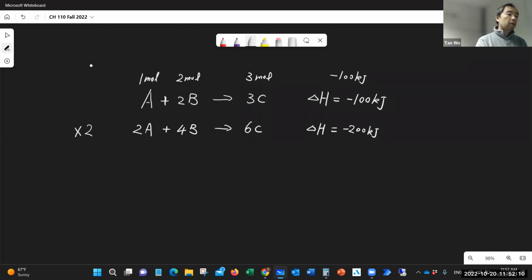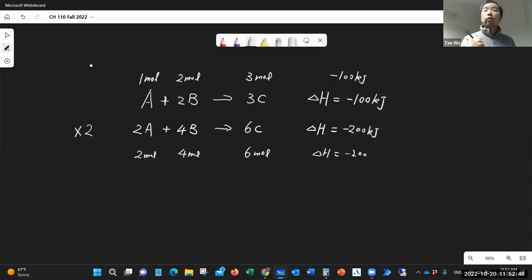But this reaction is 2 moles of A and 4 moles of B forming 6 moles of C. You double the moles of each reactant and form double the moles of product, so the heat of this reaction also doubles. That makes sense, right? This is why you need to double the heat of the reaction: these are not the same equation anymore, and they change the amount of heat.